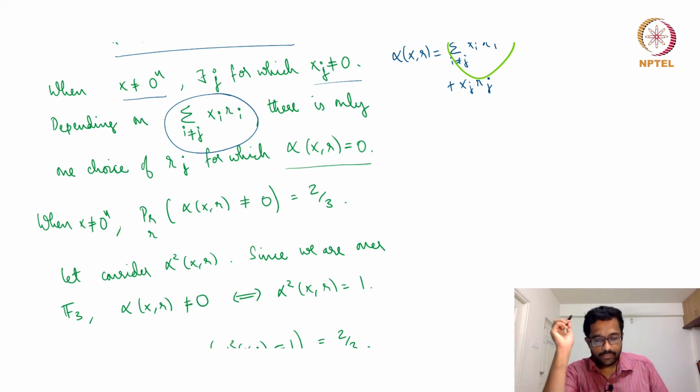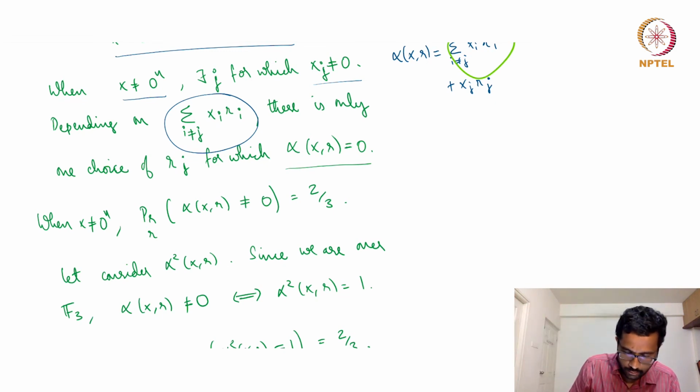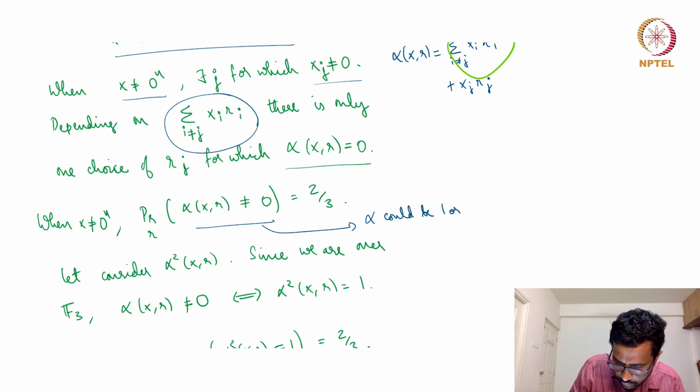But notice alpha is a polynomial. So when it is not 0, there are two other possible values it can take. We are all working over F3. So it could be 1 or it could be 2. Right? When I say not 0, alpha could be 1 or 2.